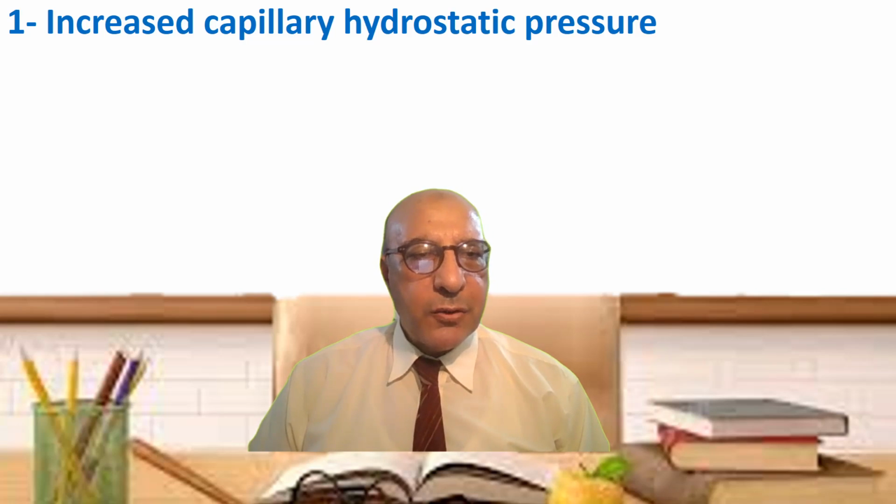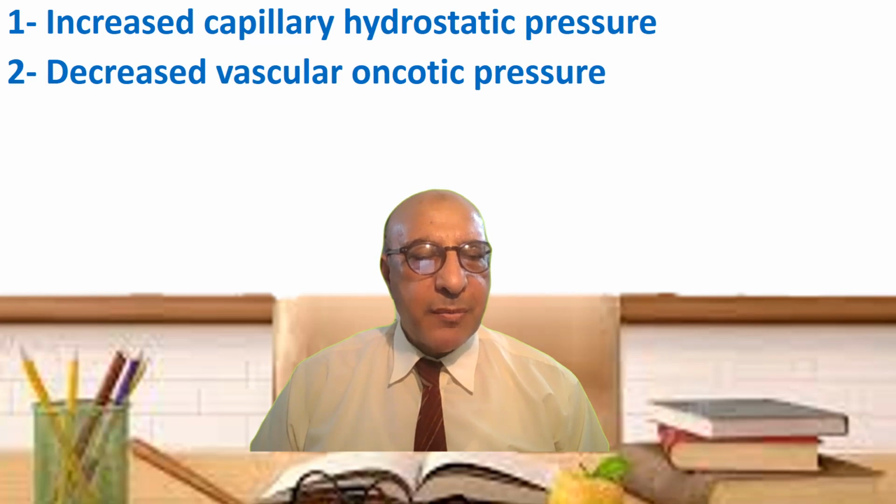The other important factor we mentioned is the oncotic pressure of the plasma protein, mainly the albumin, which will tend to prevent fluid passing from the capillary to the interstitial space. If the albumin is decreased, as in cases of liver cirrhosis and hepatic failure, then this oncotic pressure is decreased, and the fluid tends to move out of the capillary lumen to the interstitial space.